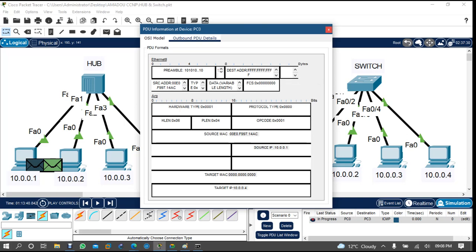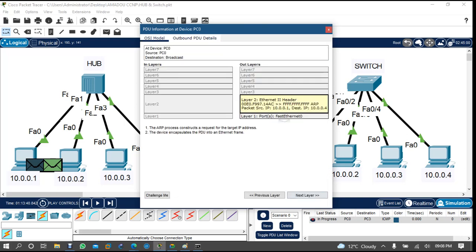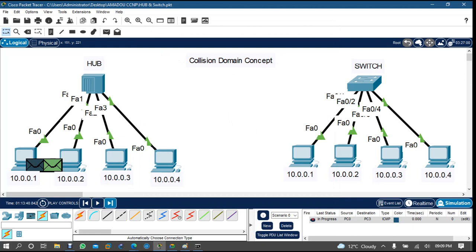Now, coming to the OSI reference model, it's layer 2. The layer 2 Ethernet header has the source MAC address, but the destination MAC address is not there. That's why the ARP packet has been broadcast here. Then the layer 3 IP has the source and destination IP. Now close this one and click next.